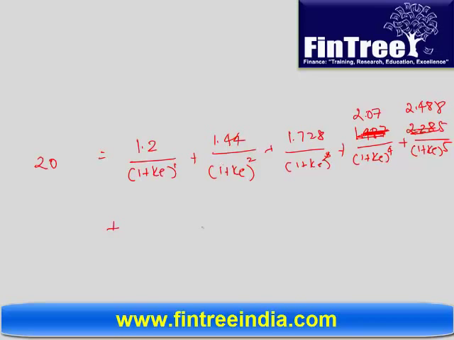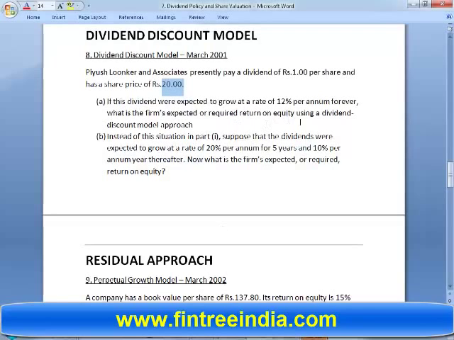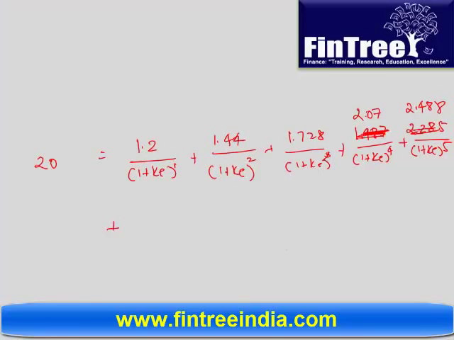Then 2.488 into 1.1 now. Can you not see it? The fourth dividend is 2.07 and the fifth dividend is 2.488. Yeah, it's visible from here now.